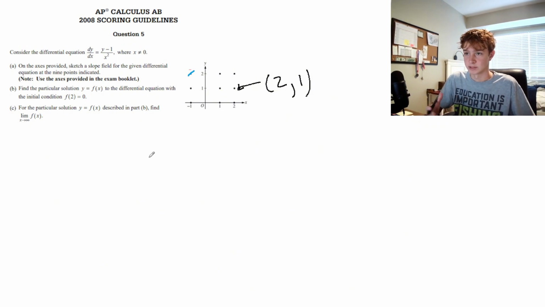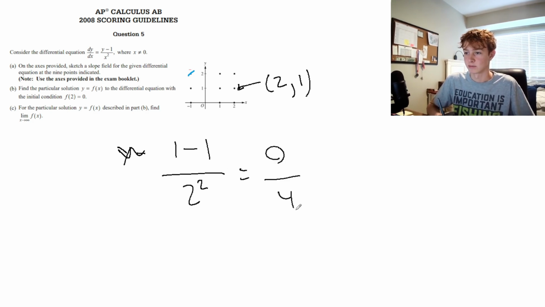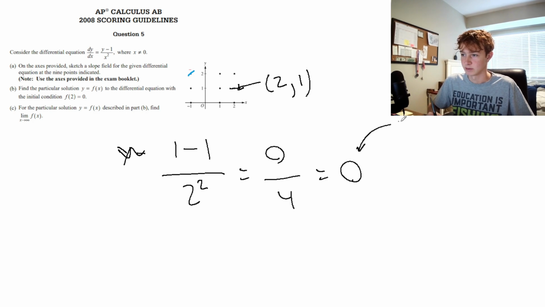Even if the original equation doesn't necessarily have a point there, that's what the slope would be. But anyways, plug in 2 and 1. So we're going to have 1 minus 1 over x squared. So 2 squared is 4, and 0 over 4 is equal to 0. So the slope at that point is just going to be a flat line. Whenever it's 0, you're just drawing a flat line.